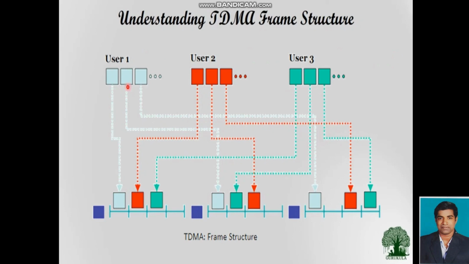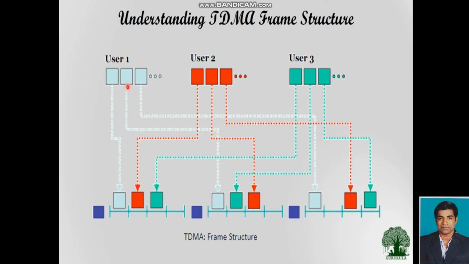Understanding the TDMA frame structure: user 1 has a different unit of information, then user 2, user 3 and so on. First, user 1's one block of information is sent to the carrier channel, and user 2 shares the next block of information, and then user 3 is completed.